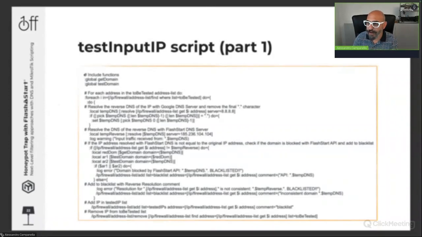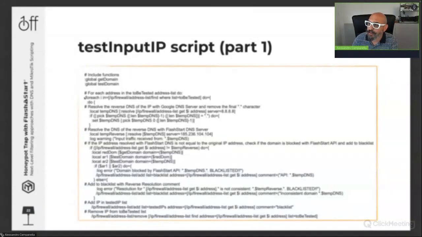So, for example, the first part is very important, is the way we can include function inside other script. Do you remember the get domain and the test domain function we created? Of course, we need to declare this function at the very beginning of the script. After that, we can process the script.